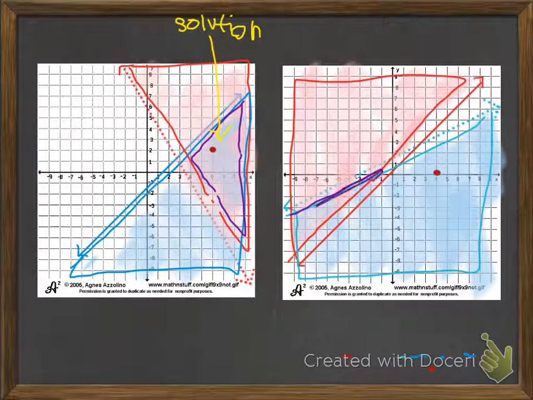We'll try and make it a little more obvious because it's getting a little messy. Okay, so that's where it's overlapping in that purple area. If we look at the point that we have at 4, 0, that does not fall within the purple area. So that means it can't be a solution. It's not in the area that's overlapping, so it's not a solution.